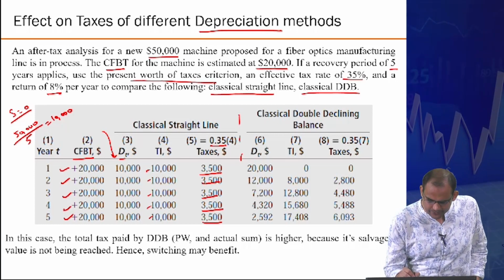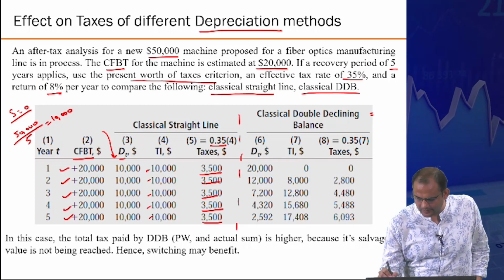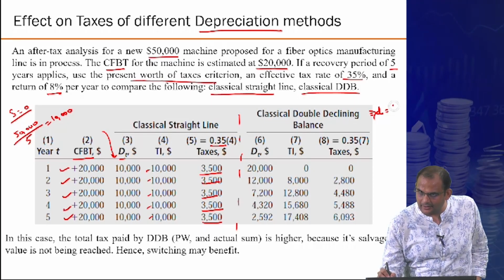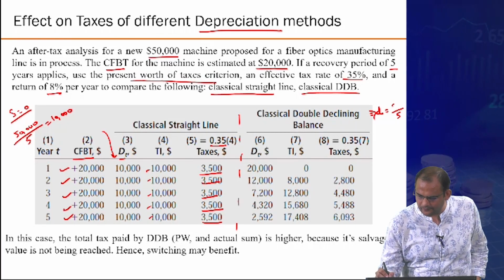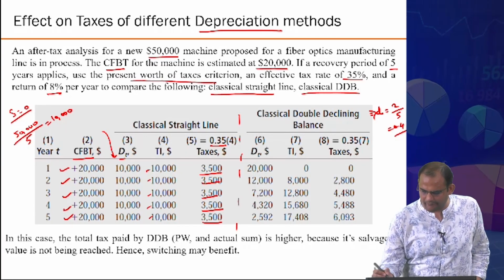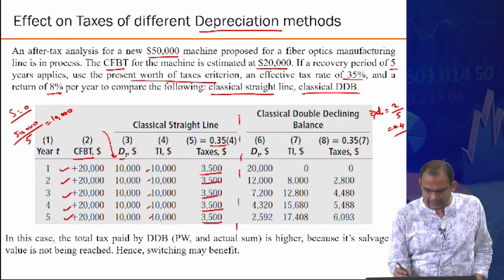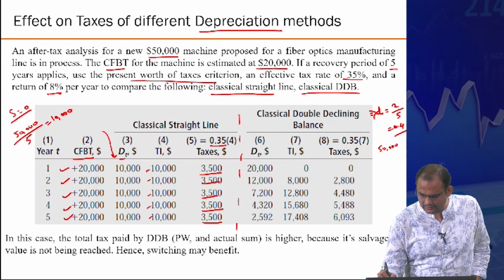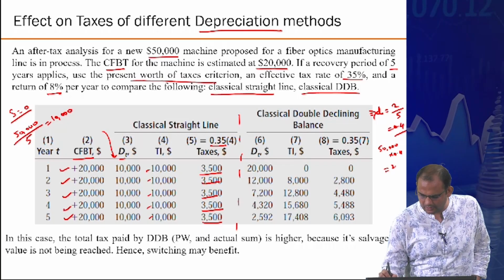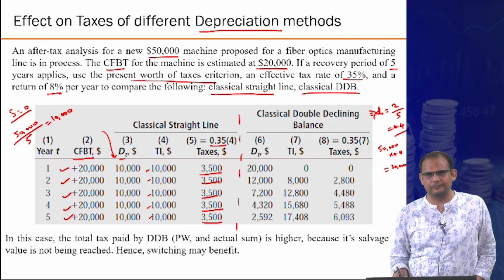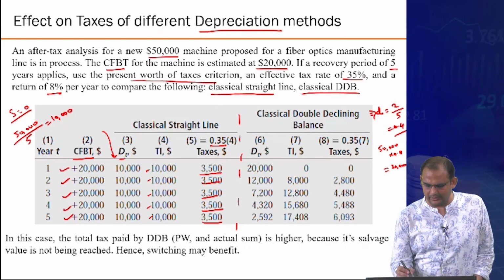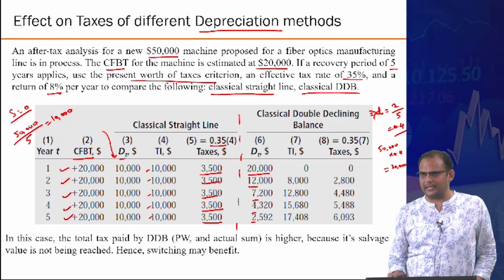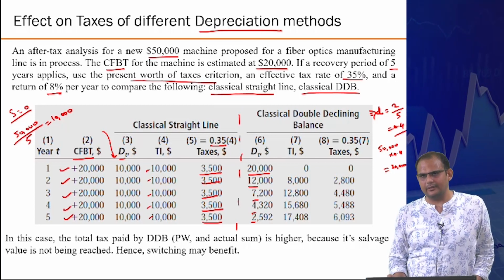Same thing if you do using the double declining balance method. What is the fraction? 2 by 5, which is 0.4. So, your depreciation amount in year 1 becomes what? 50,000 into 0.4, right, 20,000. Then you do the calculation, you will find this. Can you see if this table is correct? DDB method.